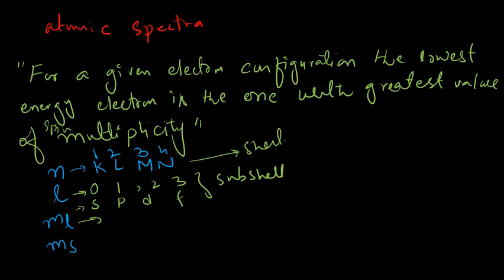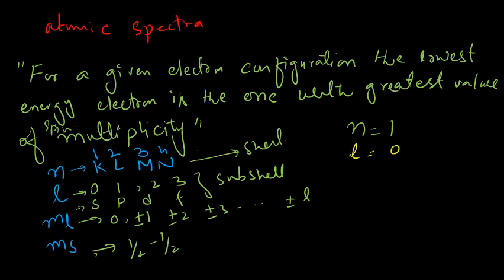The values of ml go from 0, plus minus 1, plus minus 2, plus minus 3, up to plus minus l, and ms has the values according to spin, plus 1/2 or minus 1/2. For example, for the K shell, n equals 1, the value of l can be 0.